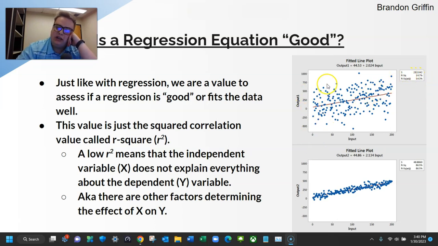So that means there are lots of other things that are impacting the relationship between our x variable on our x-axis and our y variable on our y-axis. Another way that you can think of R squared is the percent of the story that it tells you. That's one way that I think about it. So if we see R squared of 14.7%, you can think about it like we know 14.7% of the story.